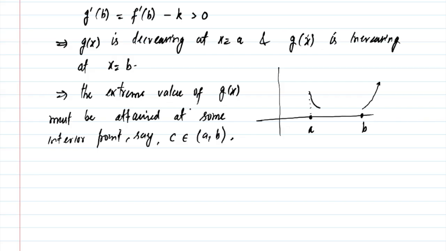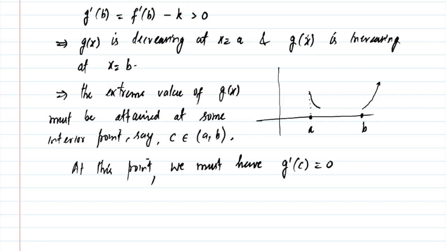Now, we already know that if a function attains its extreme value at a point, then the derivative at that point must be equal to 0. So at this point we must have g dash of c is equal to 0.